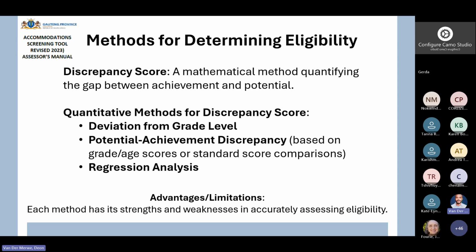We're comparing the learner's performance to grade level, looking at perhaps the difference between potential and actual achievement based on grade or age scores, and also comparing standard scores and using regression analysis. And you will find in that document that each method has its own pros and its own cons.